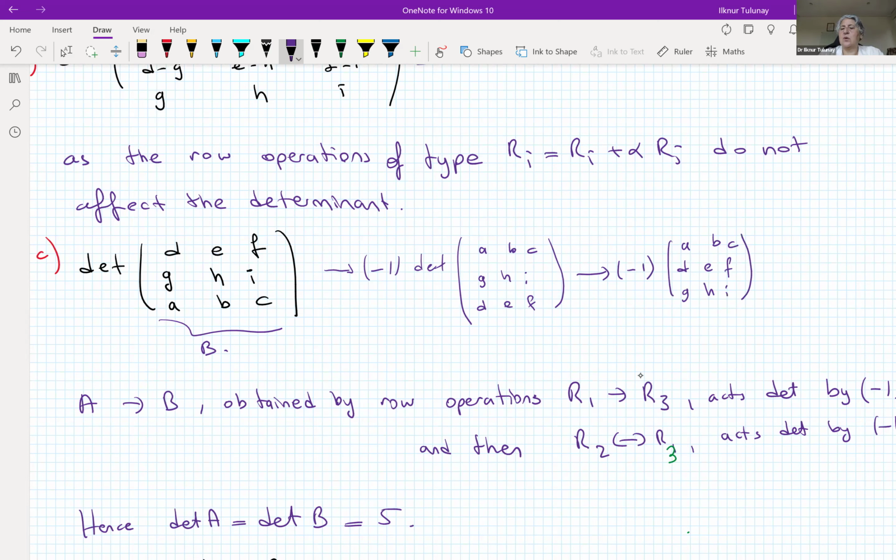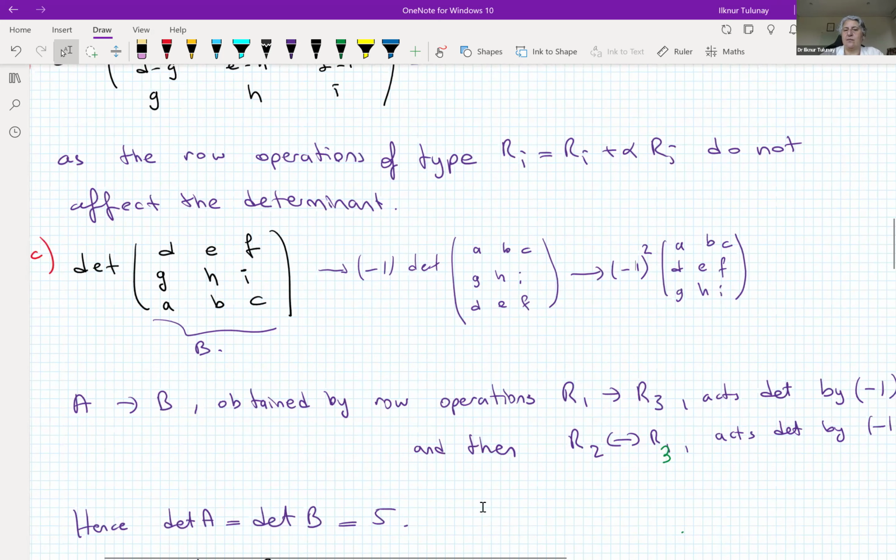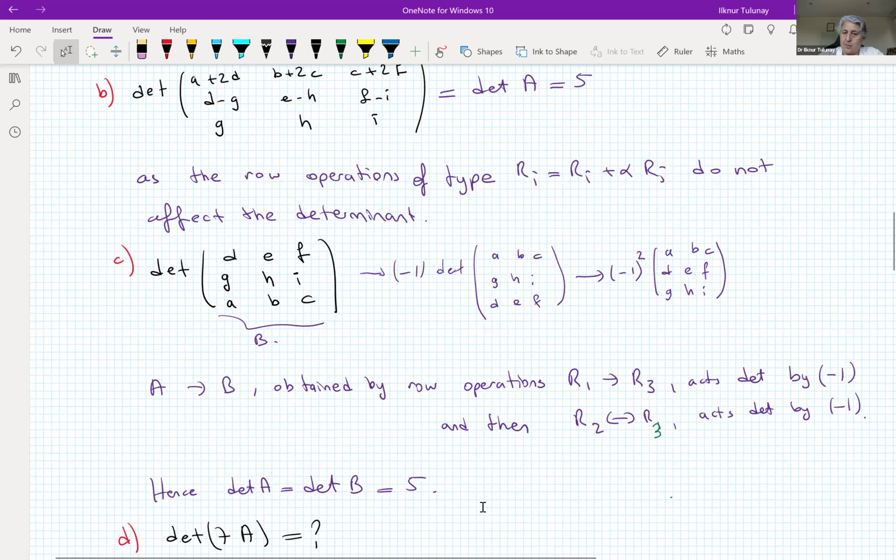So this one is -1, -1, which is -1 squared, because from here to here, again, I swap two rows. Then I have another -1. It means that the determinant of this matrix is equal to the determinant of A, which is 5. I think that's that part.